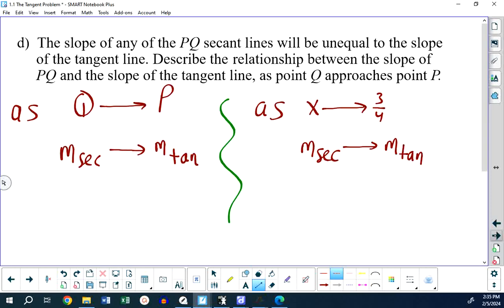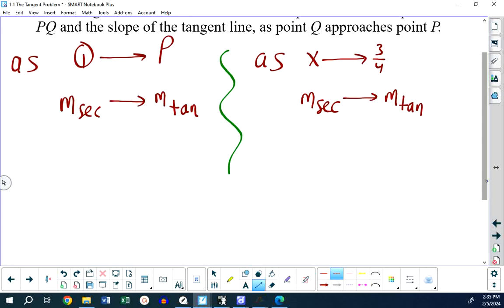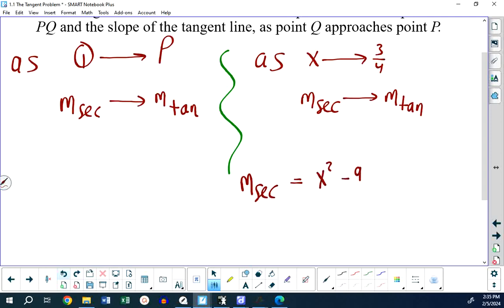Well, because the slope of the secant is equal to x squared minus 9/16 over x minus 3/4. So mathematically, if x is 3/4, then you're dividing by 0. And that makes sense because you cannot calculate a slope with rise over run when the 2 points are on top of each other. I'm going to come back to that in a little bit.